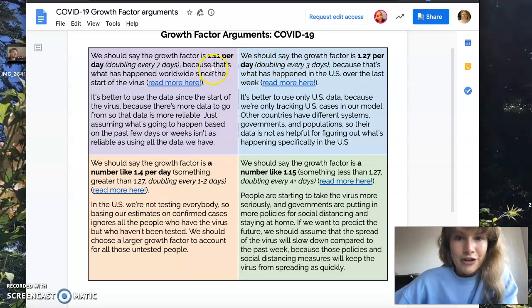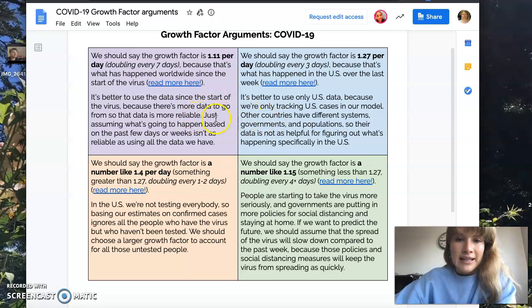So to compare the first two, obviously the growth rate of 1.27 is greater. It's growing at 27% compared to the growth factor of 1.11. Doubling every 3 days versus doubling every 7 days.